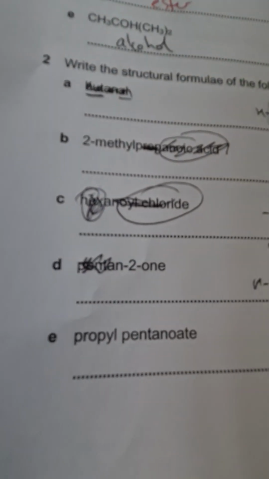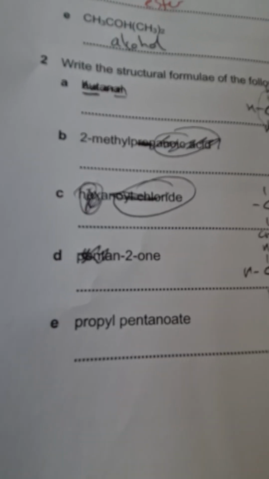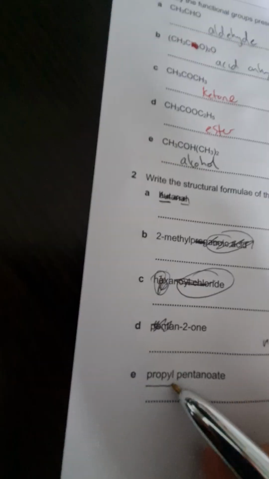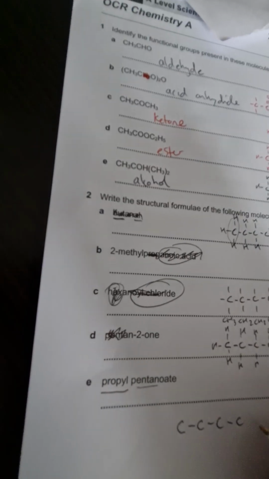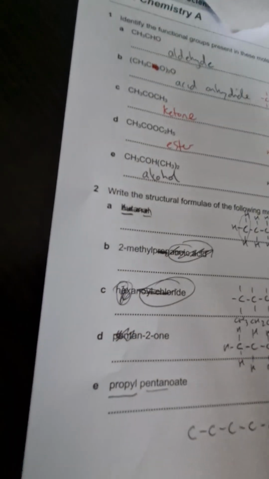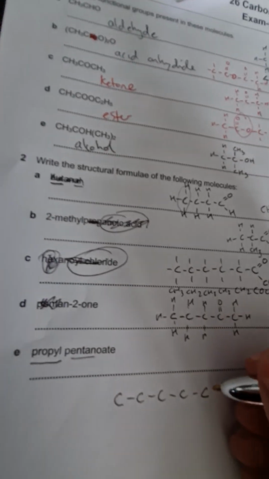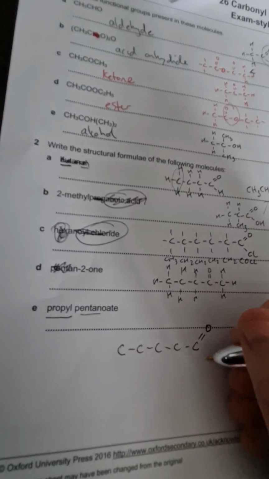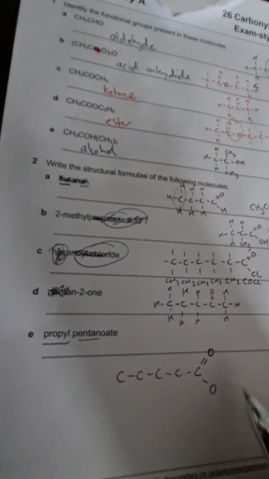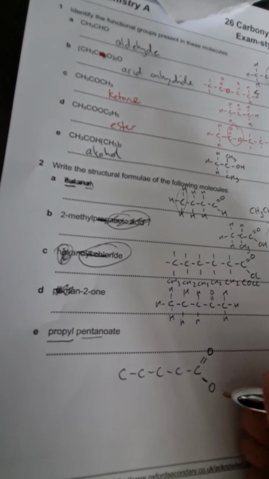Okay, propyl pentanoate. Okay, so I know that this is an ester, so I can actually ignore this bit to begin with, and I need that pent bit. So pent, 1, 2, 3, 4, 5. Okay, and then I know that the oate bit tells me that there's an ester, so I've got an O here, and then I know that this is breaking my rules at this moment in time.